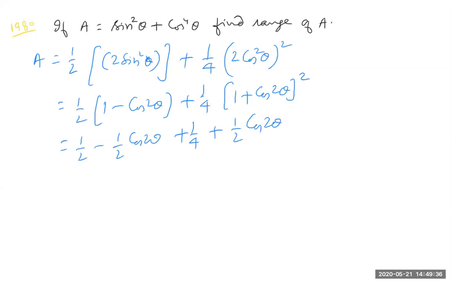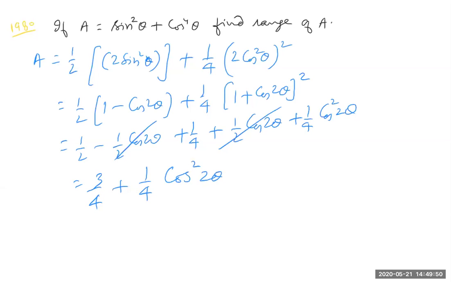Plus 1 upon 4 cos square 2 theta. So this part will cancel out. So this is equal to 3 upon 4 plus 1 upon 4 cos square 2 theta. Now we know that cos square 2 theta will be always more than 0 and less than 1.